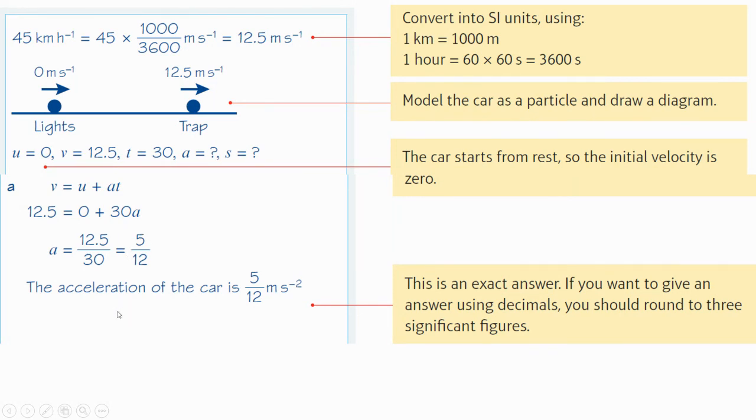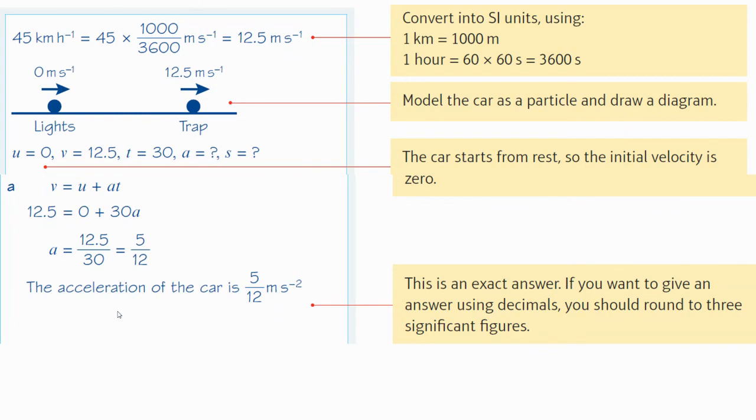Now, if you change 5/12 to a decimal, it will give you some long decimal. So putting 5/12 is exact. The exact answer is usually best, but if you are going to put something as a decimal, then you should round to 3 significant figures.